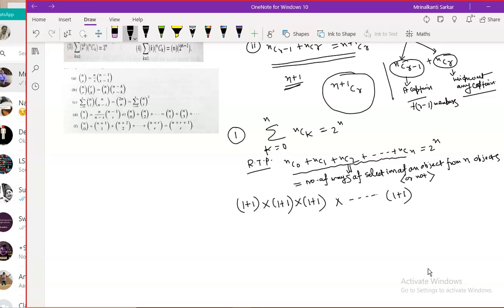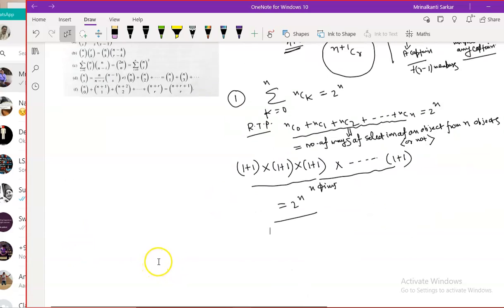This procedure repeats n times, so this gives us 2 to the power n. So out of n people, selecting 1, 2, n or none can be done in 2 to the power n ways. People say I am fond of symbols, so I'll write nC0 plus nC1 plus nC2 plus ... plus nCn. Fine. So these two are equal; left-hand side equals right-hand side.